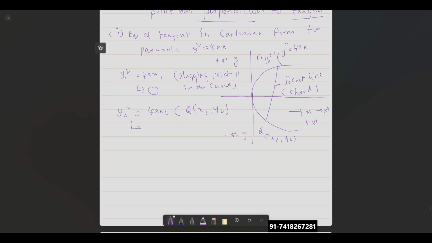So you have two equations. Let us subtract 1 from 2. Y2 square minus y1 square is equal to 4a into x2 minus x1. Since this is a square minus b square, we can split it into y2 plus y1 into y2 minus y1 equal to 4a into x2 minus x1.